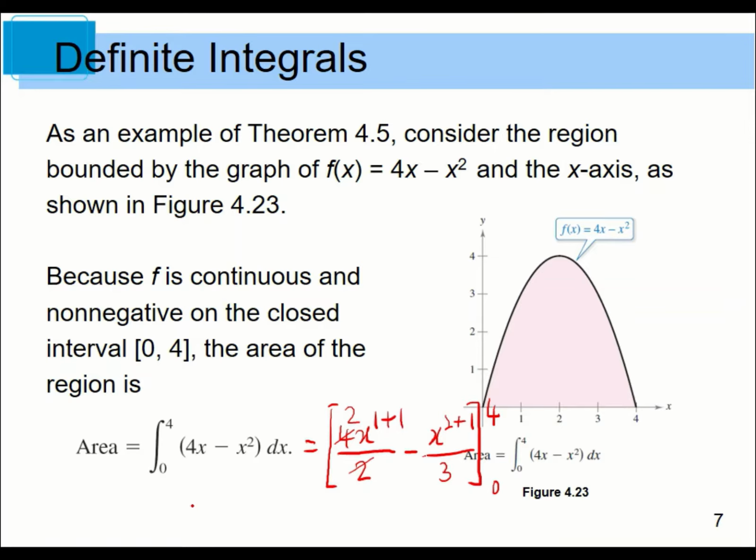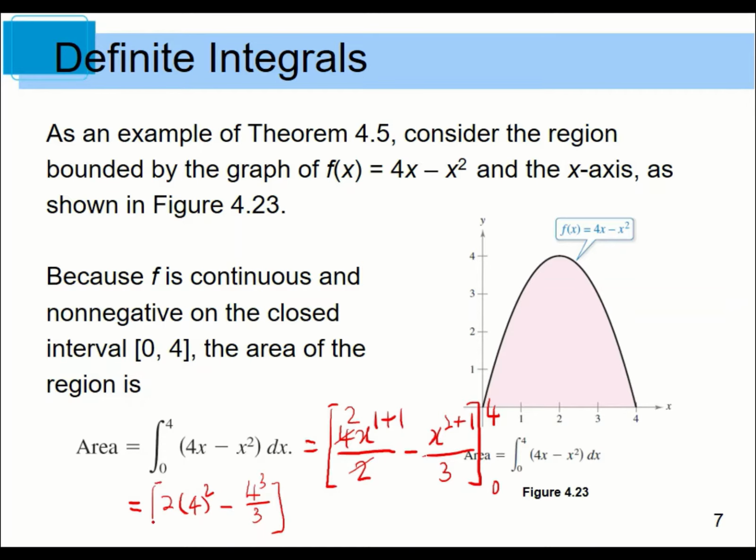After we have done the integration, we substitute the values into the antiderivative. Substituting 4, we have 2 times 4 squared minus 4 to the power of 3 over 3.